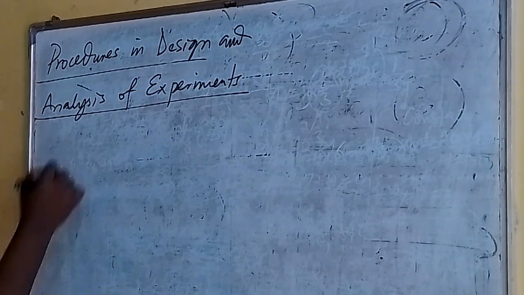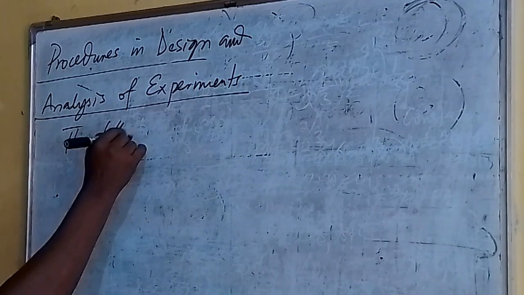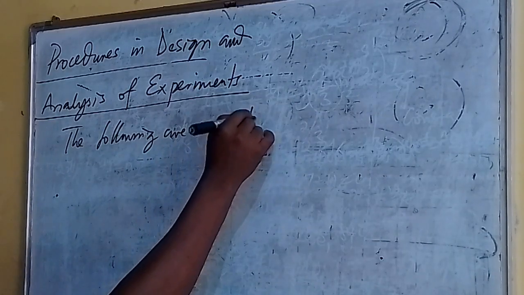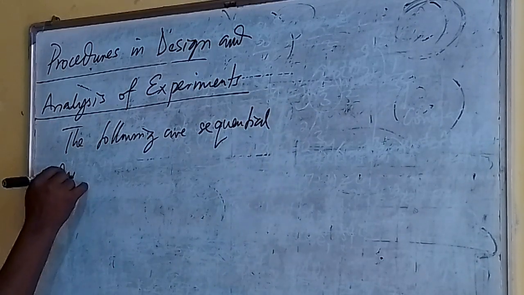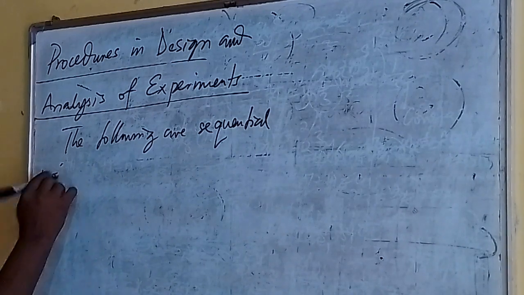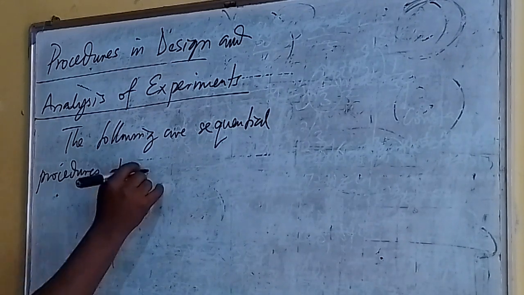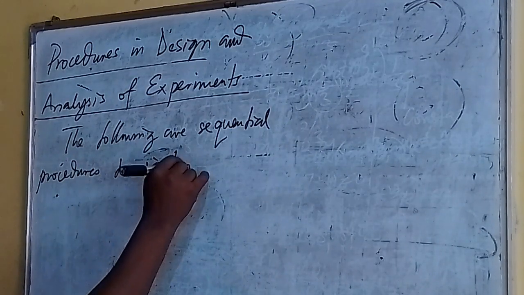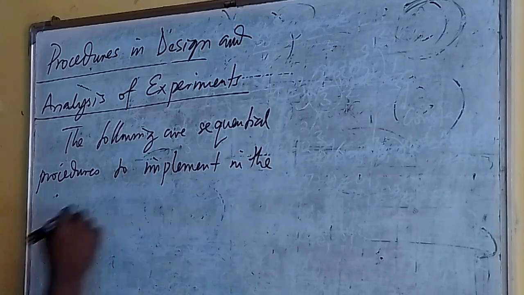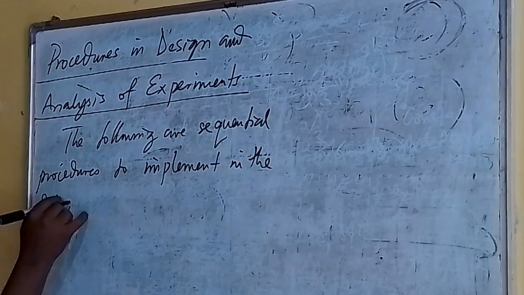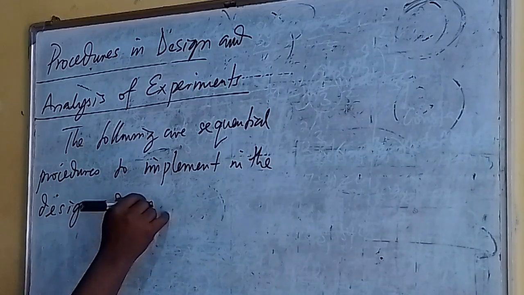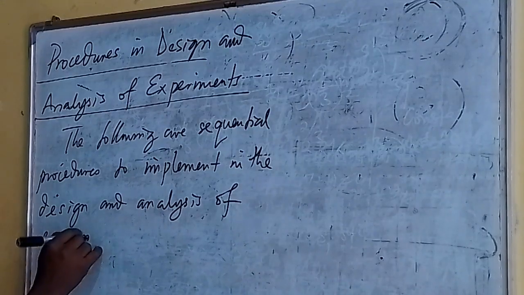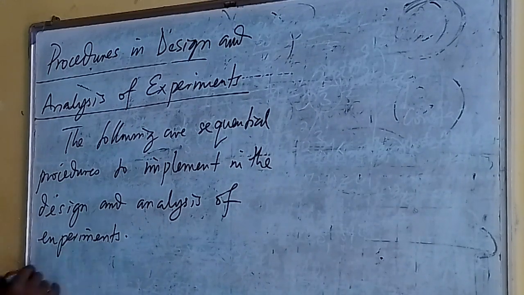So we'll write the following. The following are sequential procedures to follow or to implement in the design and analysis of experiments. 1.